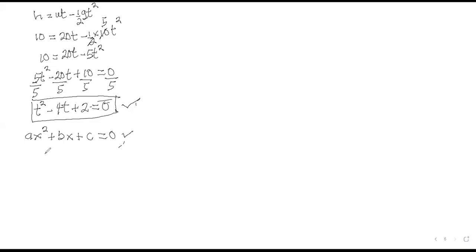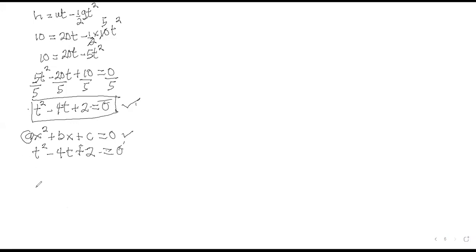My x squared is actually t squared, so what we have is t squared minus 4t plus 2 is equal to 0, and t is equal to x.